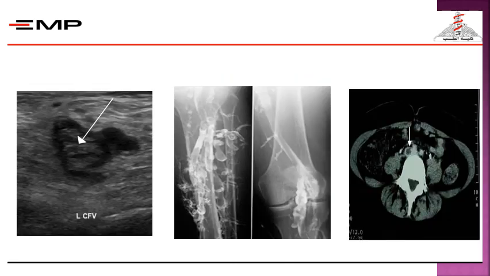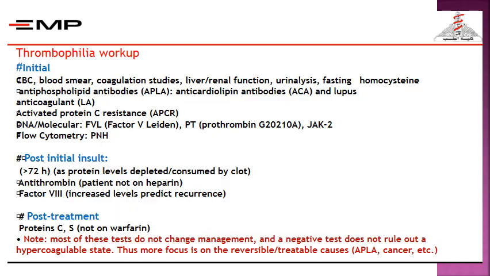This is an angio. In the middle you can see the dye inside the blood vessels, and you can see here the thrombus obstructing the flow of the vein. On the left side, this is the Doppler, and you can also see the thrombus inside the blood vessel, and here the MRI showing thrombus inside the inferior vena cava.